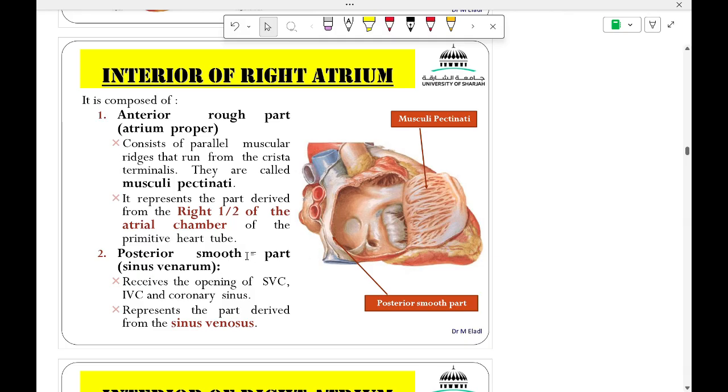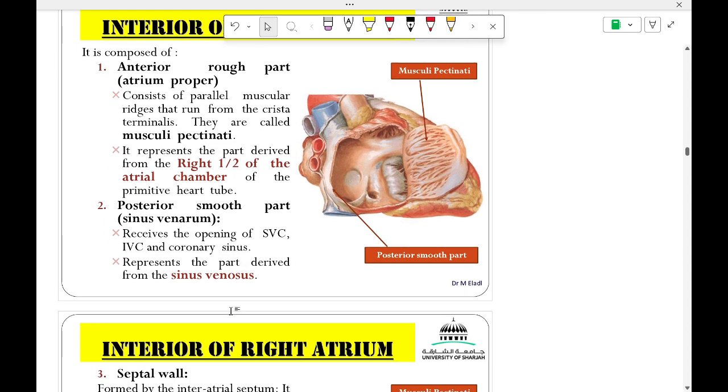And the posterior smooth part is basically where the atrium is going to receive the venous blood, whether it is the blood from the superior vena cava, inferior vena cava, or also the coronary sinus, which is nothing but a big cavity or sinus that's going to contain all the blood that drains from the different coronary veins of the heart.